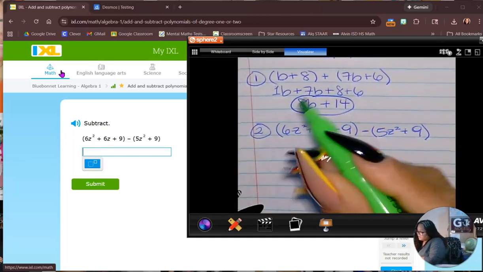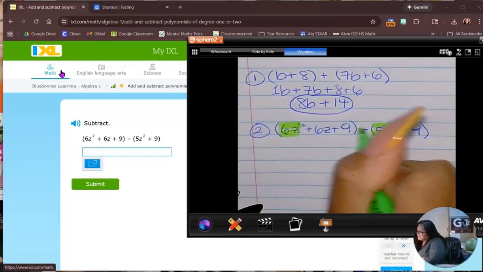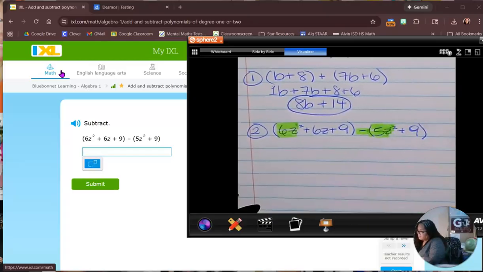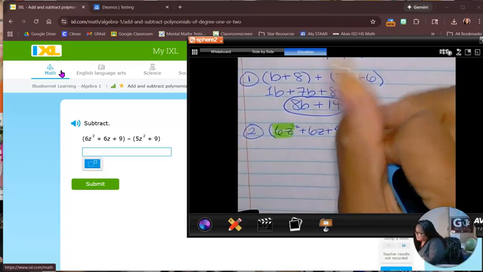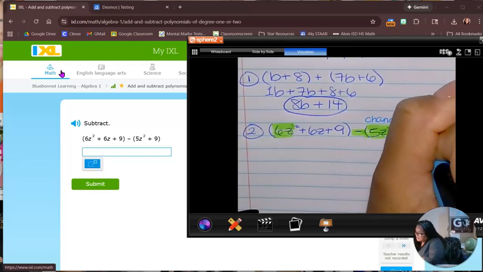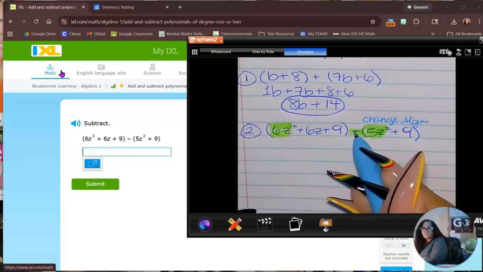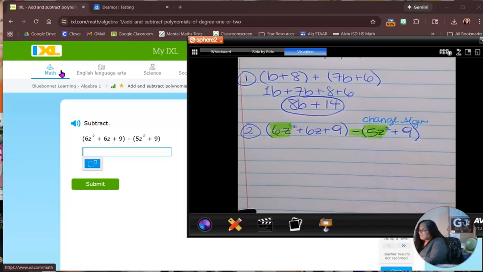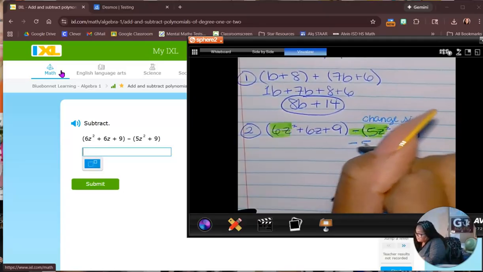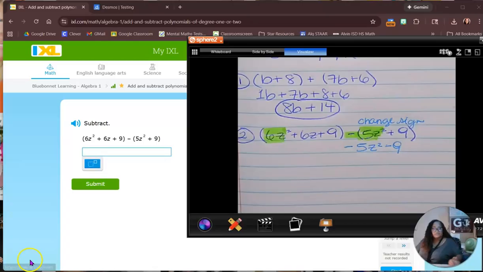So my z squareds would be green, and everything here becomes negative, so that means to change your sign. It doesn't always necessarily become negative. That just means the negative is there, so I'm going to distribute it. So this becomes a negative 5z squared and a negative 9.